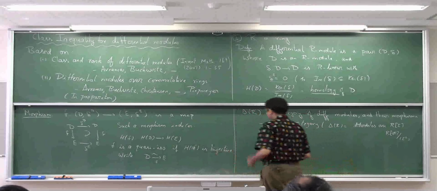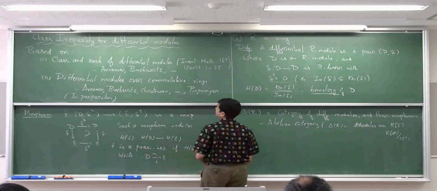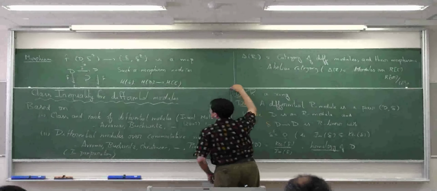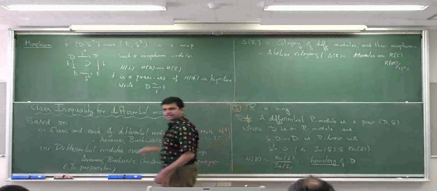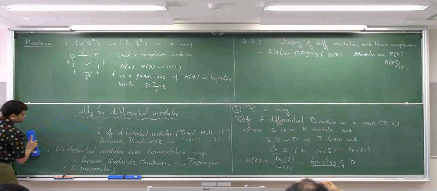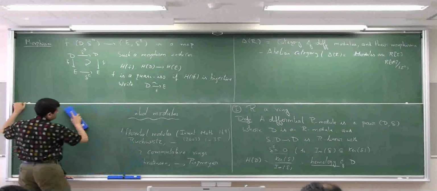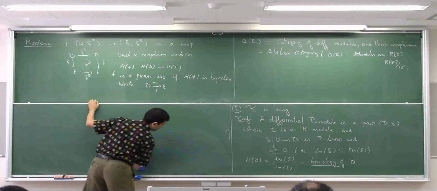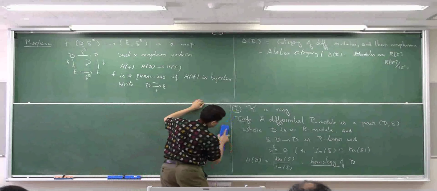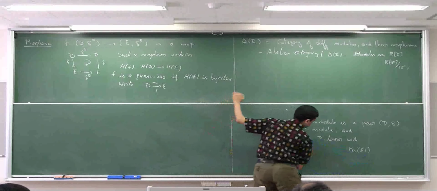Okay. Now, let me give you examples. Let me start afresh. So in this lecture, I want to discuss two examples of differential modules. I mean, there are in fact two main sources for differential modules. One is complexes over rings, and the other one is DG modules over DG algebras, differential graded algebras.